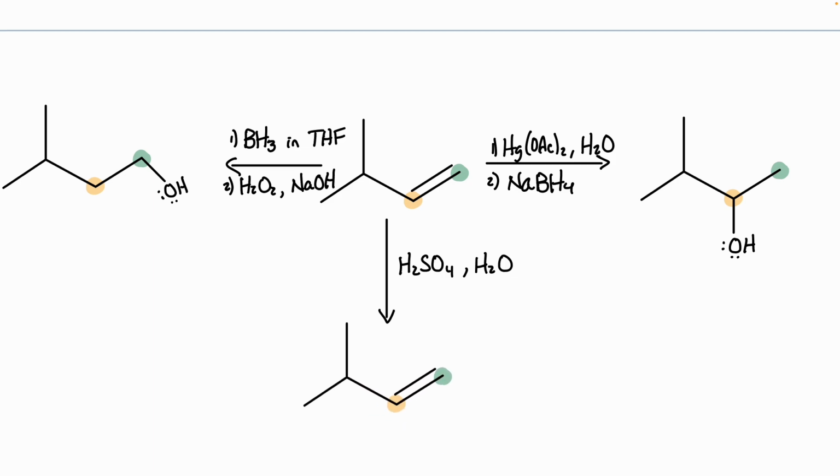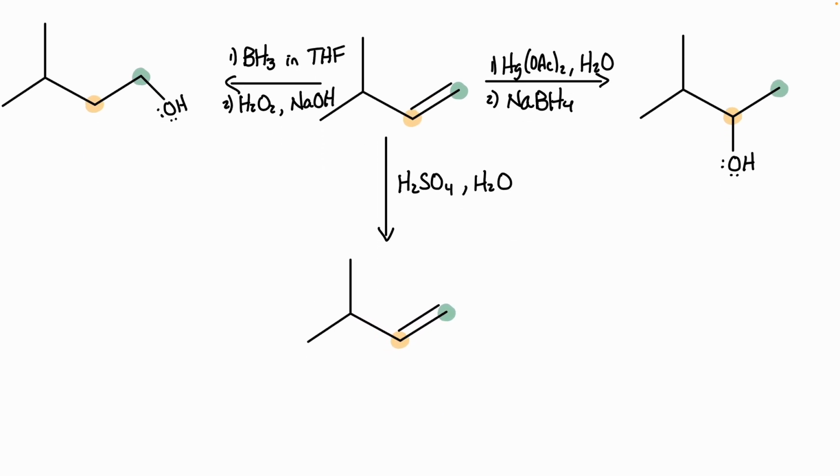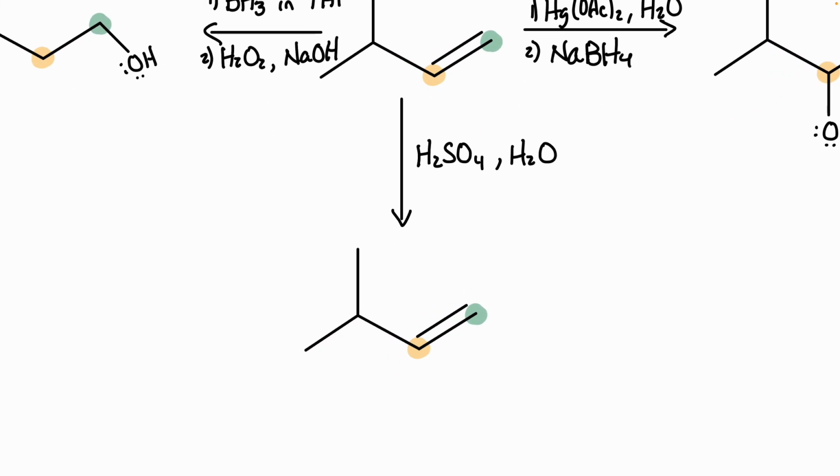So importantly, why is it going to be neither? Well, remember, we have to form that carbocation intermediate. Where's our carbocation going to form, on the orange or the green carbon? Orange, on that more substituted orange carbon. And that's living right next door to an even more substituted carbon.